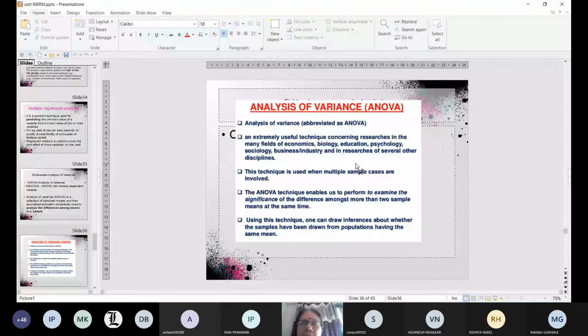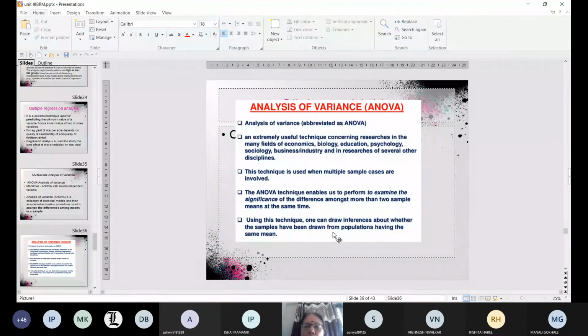What do you mean by multiple samples? You have a very huge population consisting of different categories of people. So you will have to draw samples from each of these categories of people. So you may have multiple samples. So through ANOVA, what do you do? You examine the significance of difference among more than two sample means, that is the average, at the same time.